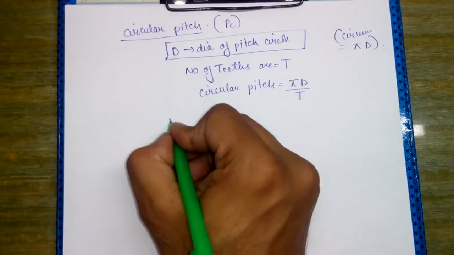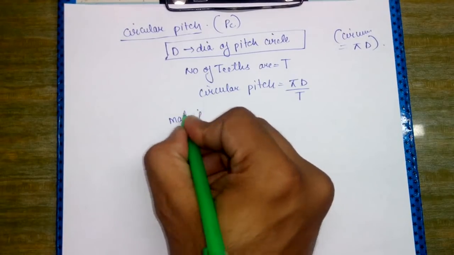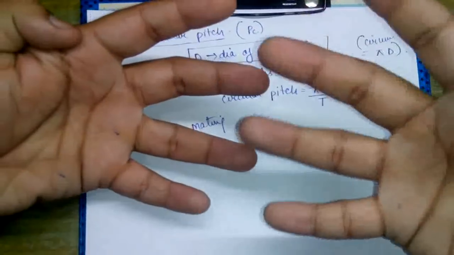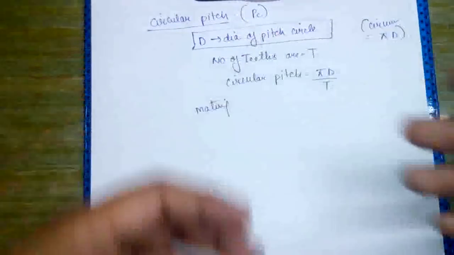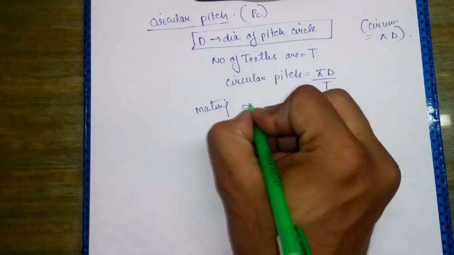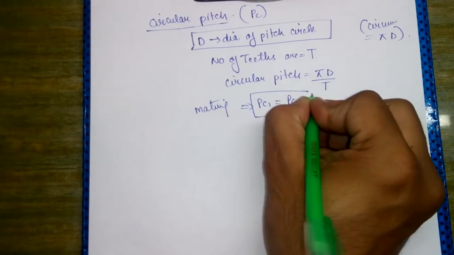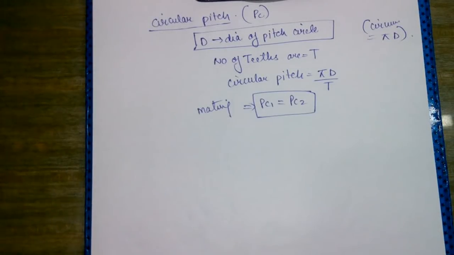And for two mating gears, if two mating gears are meshing like this, where the teeth of one interlock with the teeth of the other, then the circular pitch of 1 is equal to the circular pitch of 2. And this condition actually holds for two mating gears.